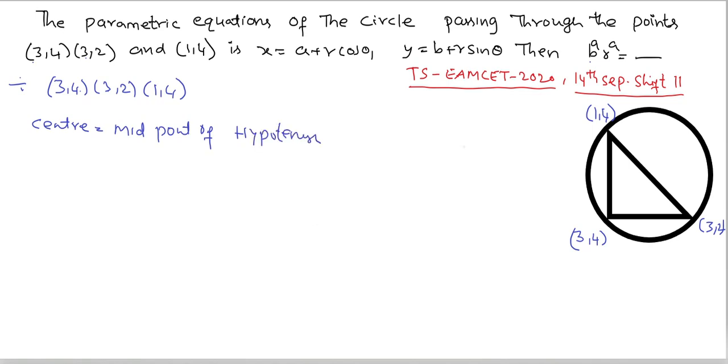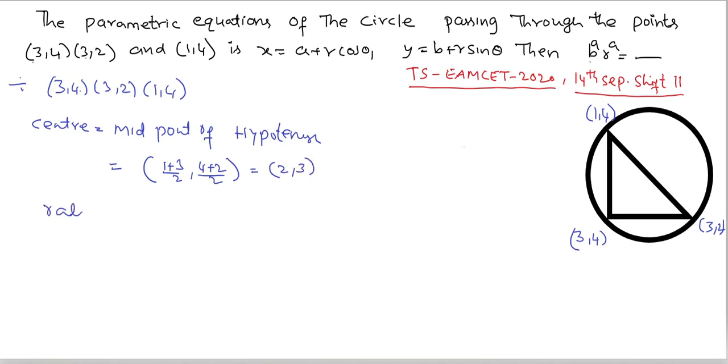So the midpoint of the hypotenuse is ((1 plus 3) by 2, (4 plus 2) by 2), that is, 4 by 2 and 6 by 2. Here the center is (2, 3).